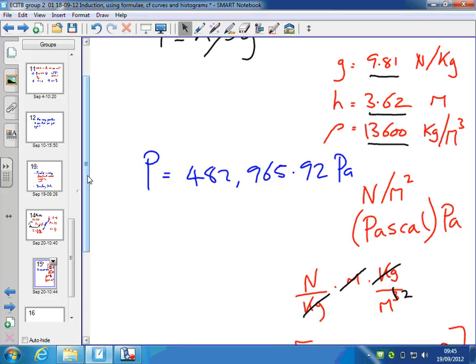What that means is someone's measured this, and if you look up G, the gravitational constant, actually you can get it more accurate than that. But it's been quoted to 3 measured values, 9.81 newtons per kilogram. Someone's measured the height with a meter rule probably and measured it to the nearest centimetre. Look, 3 significant figures. 3 measured values. That's what we mean by significant figures.